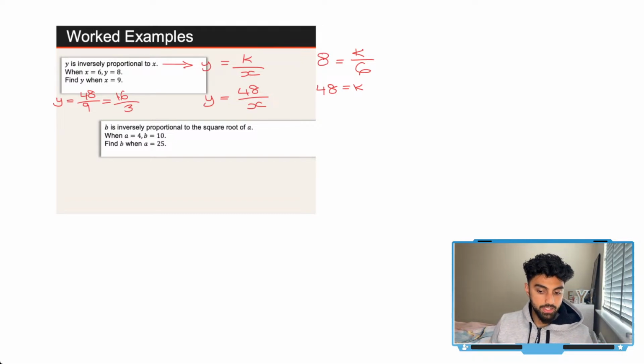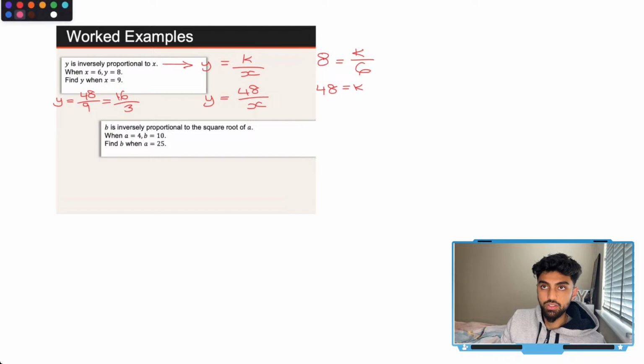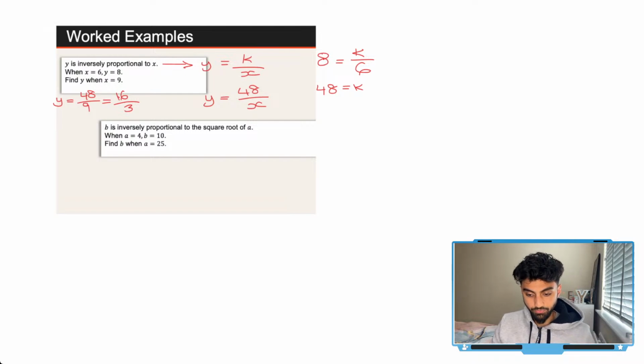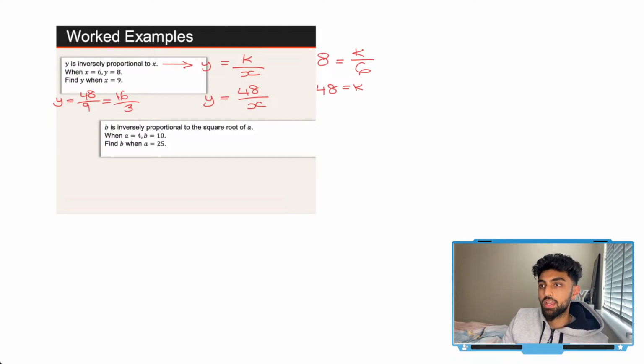Nice and straightforward. Similarly, we have b is inversely proportional. Again, I'm going to change color. Let's do blue again. Thank you, Abdullah, for letting me know. So b is inversely proportional to the square root of a.